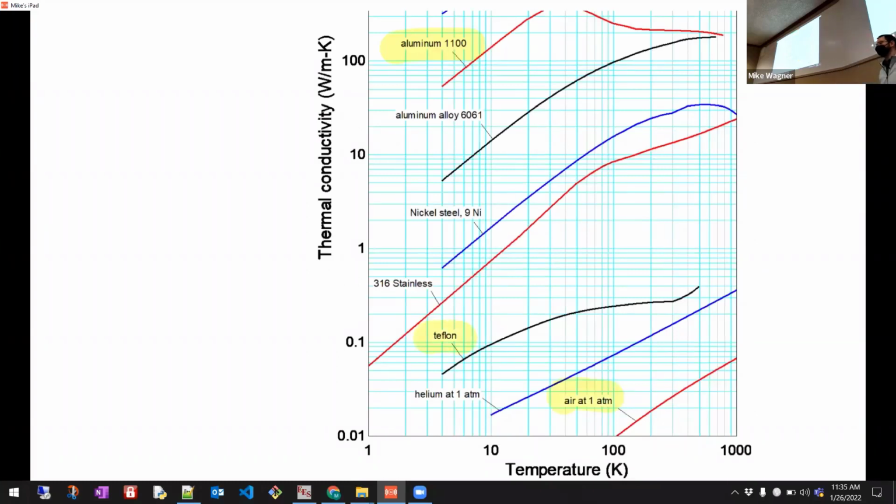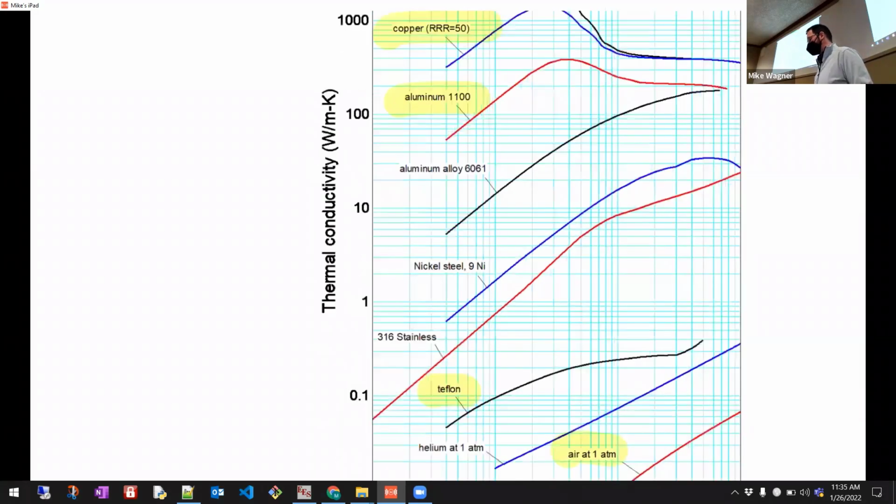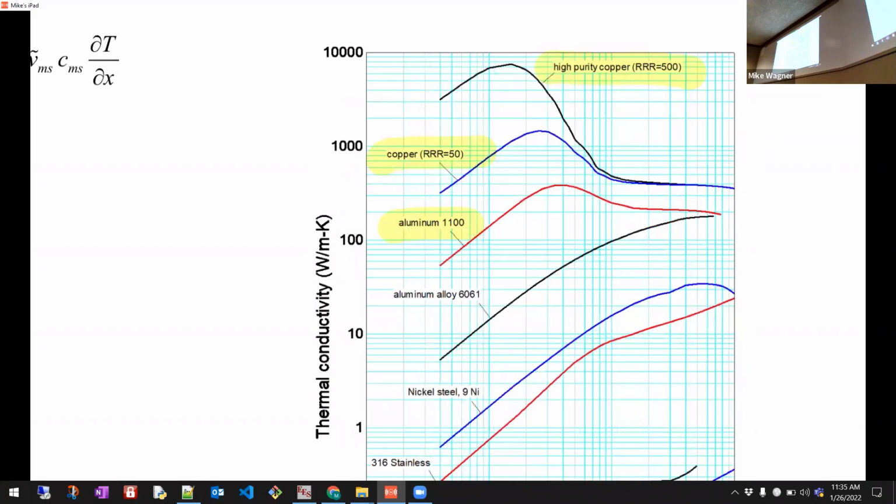So what are some themes that we can draw out of this that relate to what we just talked about? Well, let's say you have high purity copper. What do we know about high purity metals? They've got a lot of electrons, a lot of free electrons. They can move really freely. It's a pure substance, so there's not impurities sitting in the way that impede the progress of the electrons as they're moving.